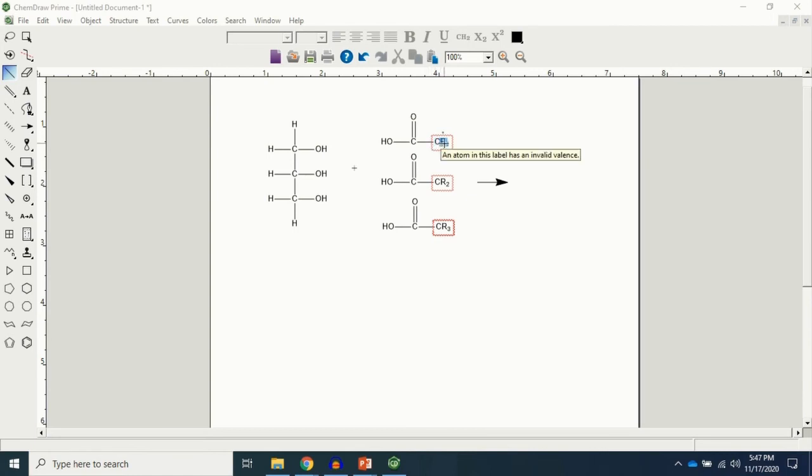Why? Because the R1, R2, R3 are different types of long chain fatty acids. So they are long chain carbon groups which may or may not have double bonds. Could be single bonds, it could be double bonds. Some R groups even go to chain lengths of 20, 22 carbons.